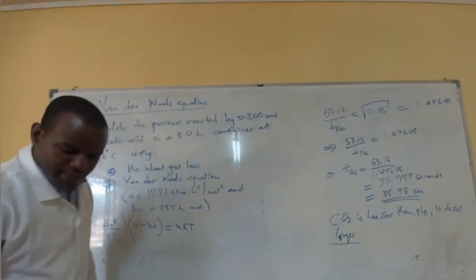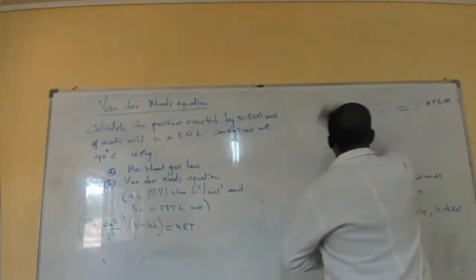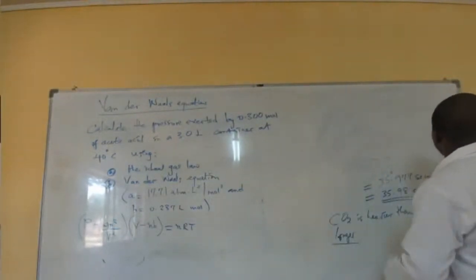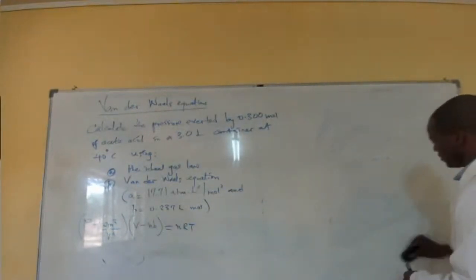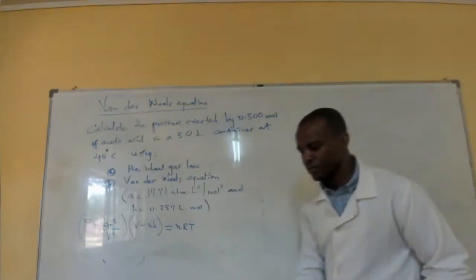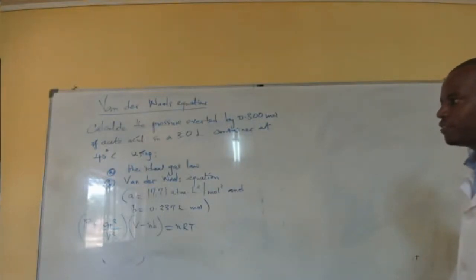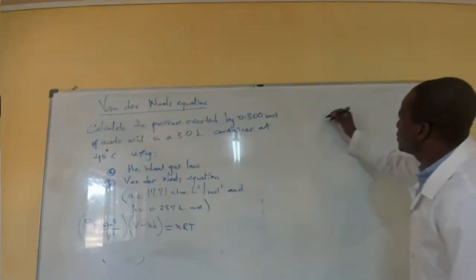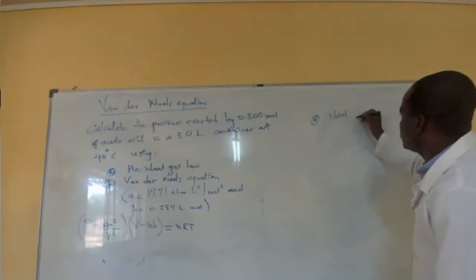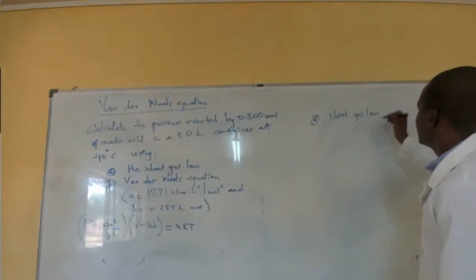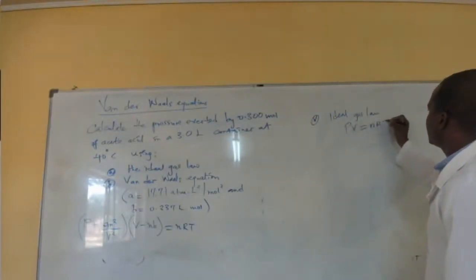So the question is saying A, using the ideal gas equation, and B, using the van der Waals equation. So A, using the ideal gas law, we are using the ideal gas equation. So we know that PV is equal to nRT.